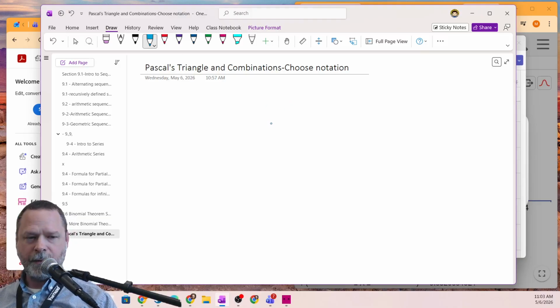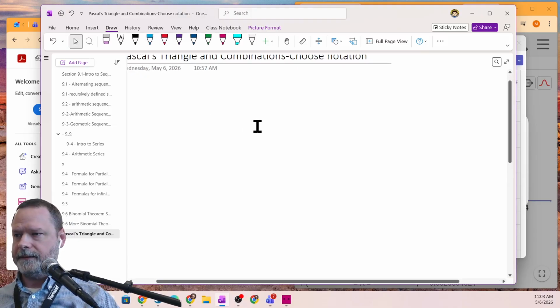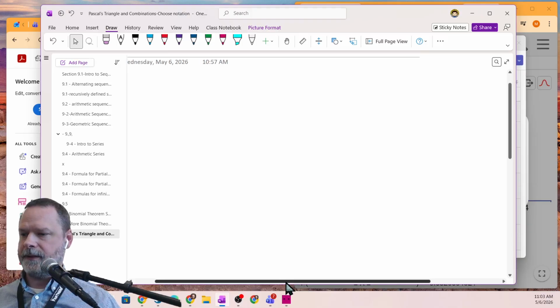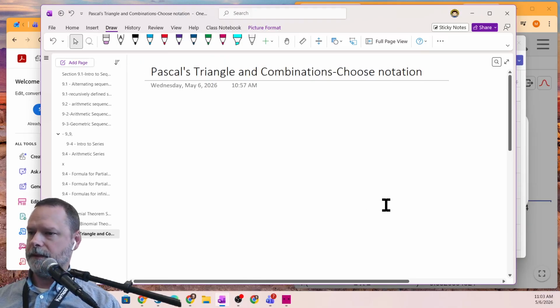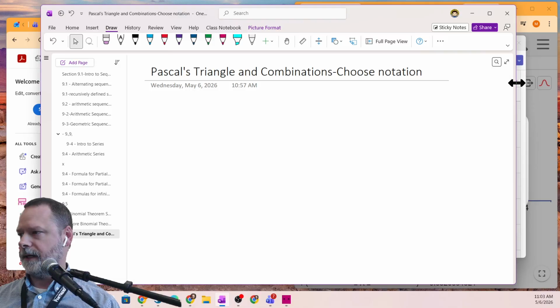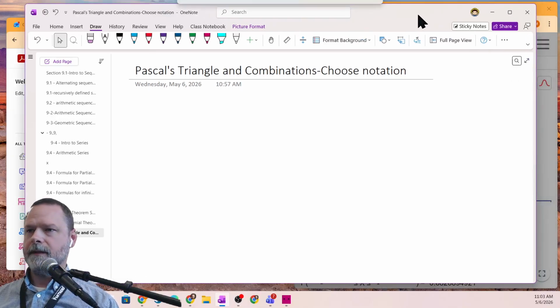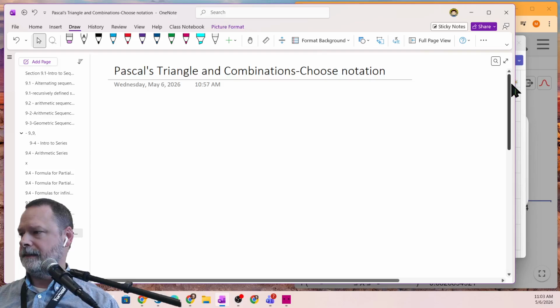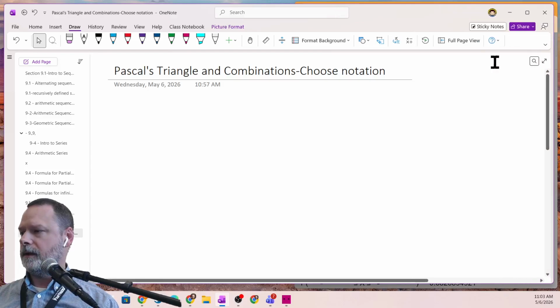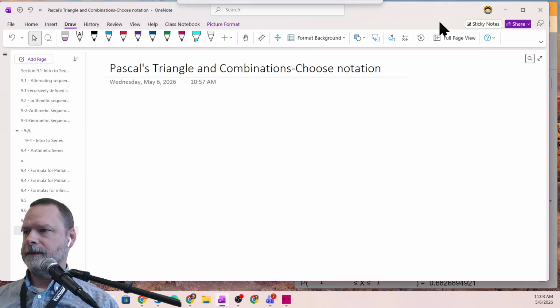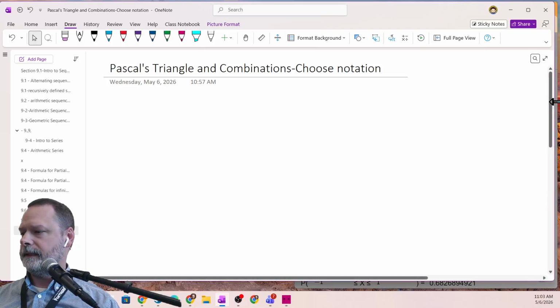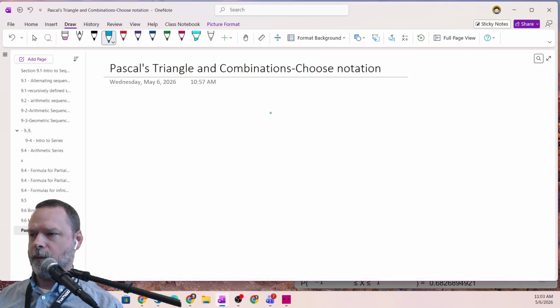So let's start with Pascal's triangle. How do we get Pascal's triangle? It's pretty easy. All we got to do is start with 1. So we make a triangle, we start with 1.